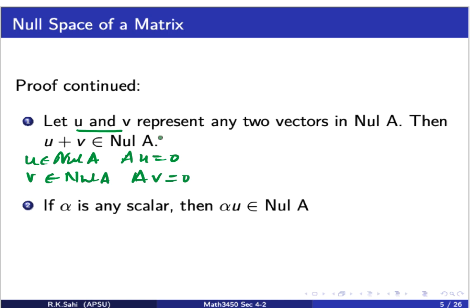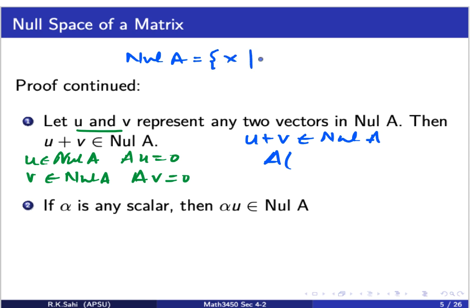Now, what we have to prove is that if 2 vectors are in the null space of A, you add those 2 vectors, and again it should be in the null space of A. So we have to prove that U plus V is in the null space of A. Remember, every time you think of the null space of A, keep in mind the definition: x in Rn such that Ax equals 0. That is the background we need to keep in mind.